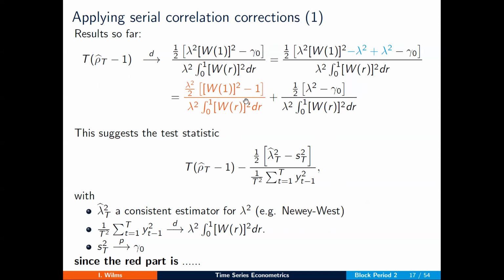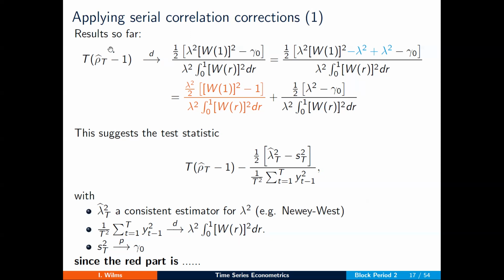If we then subtract from our original test statistic the sample analog of that second term that contains all the nuisance parameters, we do converge to the Dickey-Fuller distribution in red, free of nuisance parameters, from which we can simulate again to obtain the critical values, like we did last week.